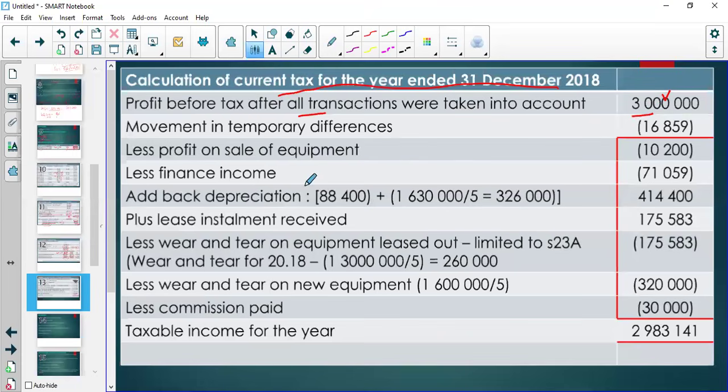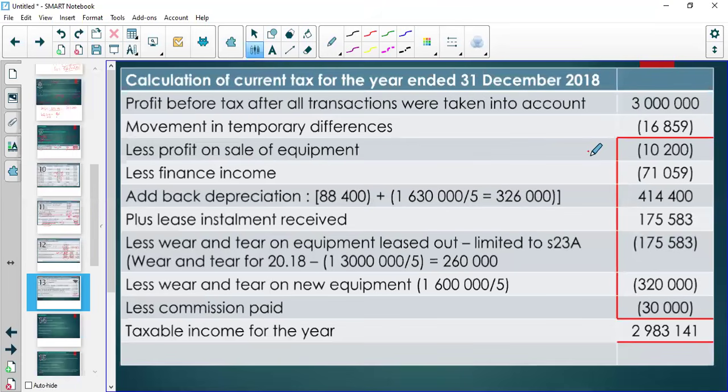But remember that there's a profit on sale when we transferred the lease. There's a profit on sale of 10,200. If you still remember, we transferred the lease and we transferred the equipment from PPE at its fair value, and we gained 10,200. But SARS doesn't want that to be taxed. It's not yet income. So we need to remove that.